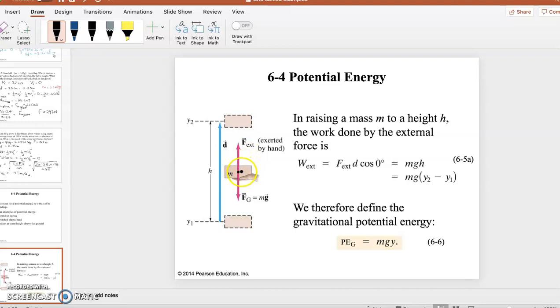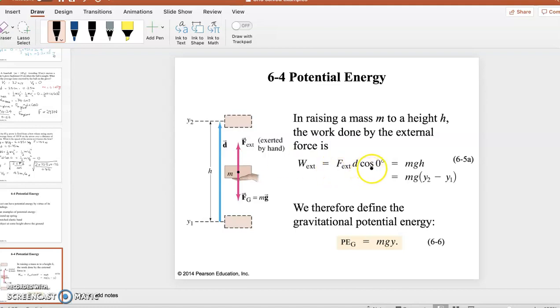For example, if you are applying force on this object upward, and the motion is, of course, upward, what is the angle between F external, which is applied by your hand, and d? The angle is 0. So what is cosine 0? It is 1. So will there be any work?